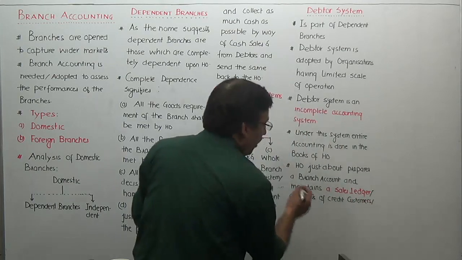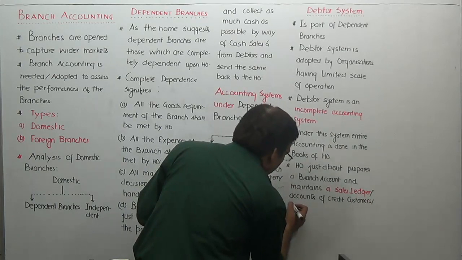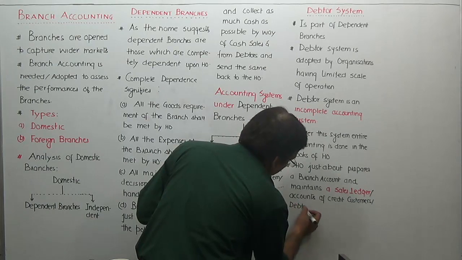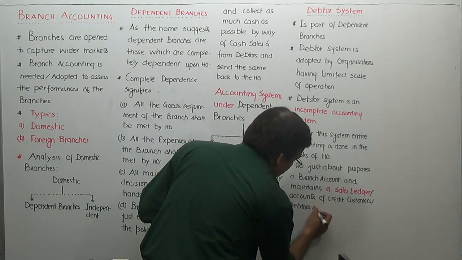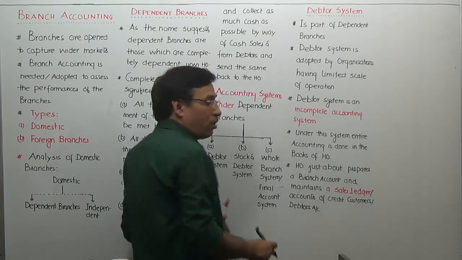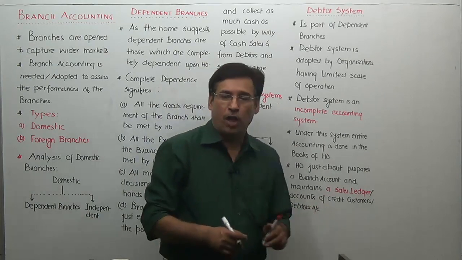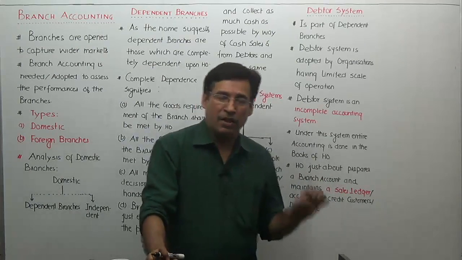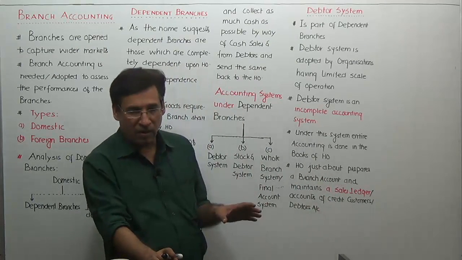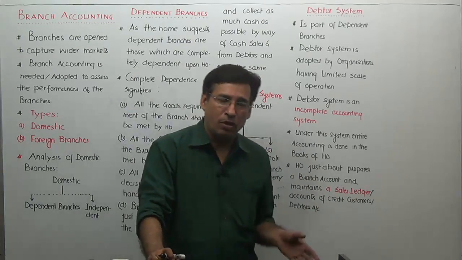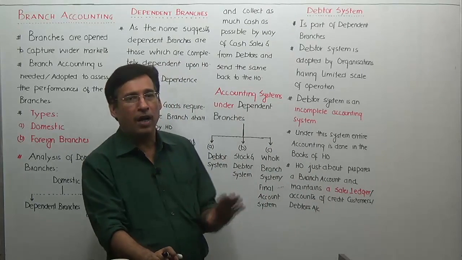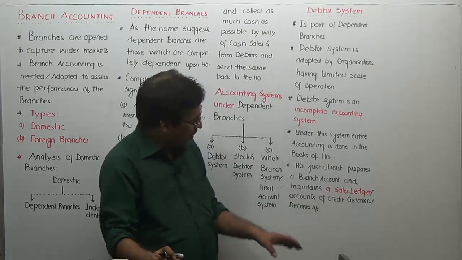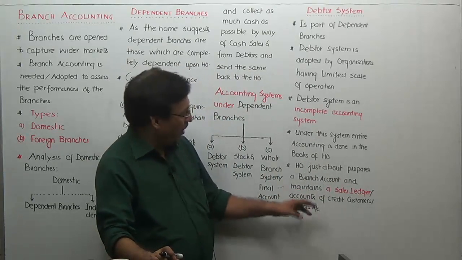And accounts of credit customers is nothing but the debtors account. Is it clear to you? So our conclusion now narrows down to the fact that head office does the entire accounting under this system, and in the books of the head office with respect to the branch, we are going to prepare a branch account and a debtors account.